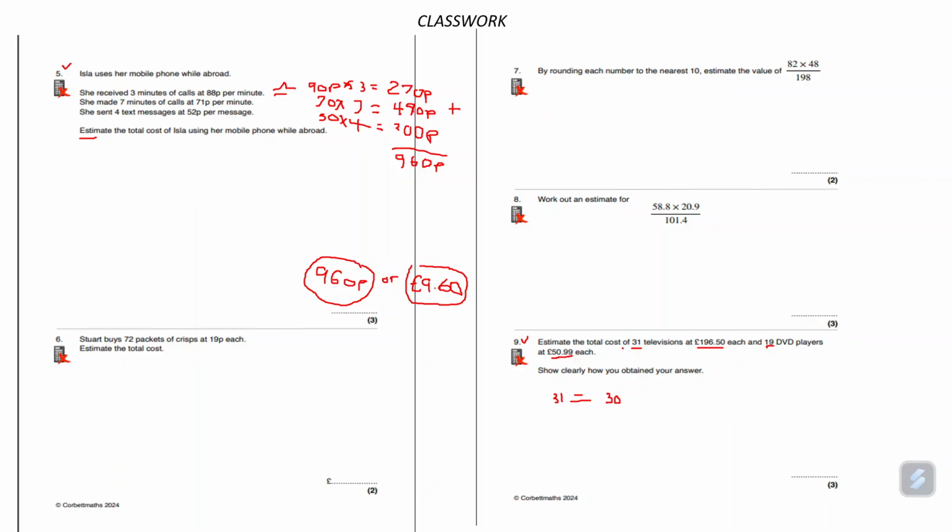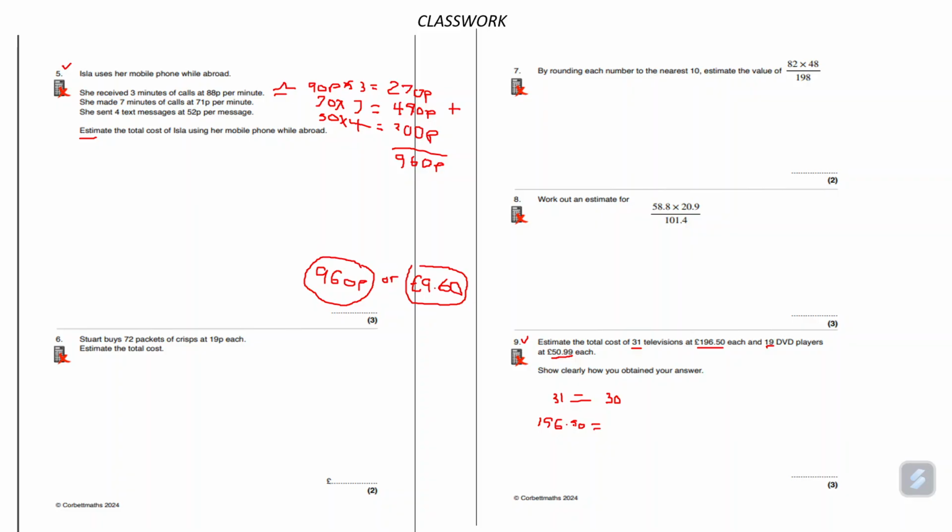Then rounding 196.50 to the nearest 100, as usual, you consider the last digit here.